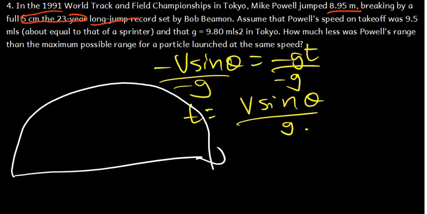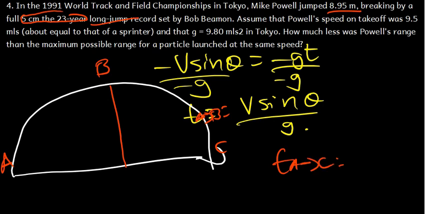Let's call this point A, this point B, and this point C. This is the time from A all the way to B. To find the time from A all the way to C, we just need to multiply this equation by 2. So the time from A to C is going to be 2 V sin theta, everything divided by g.